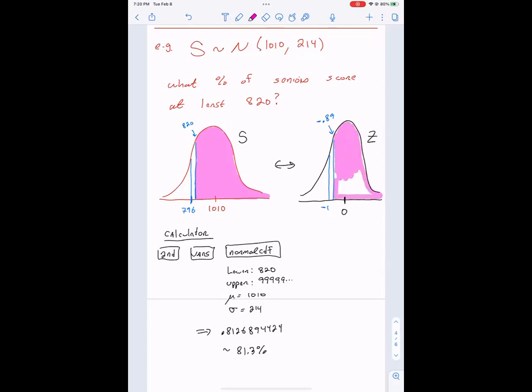Were there any decimals with negative 0.89 or was that exact? Let's get to 3 decimals, so negative 0.8878 and so on, just to have slightly more precision.